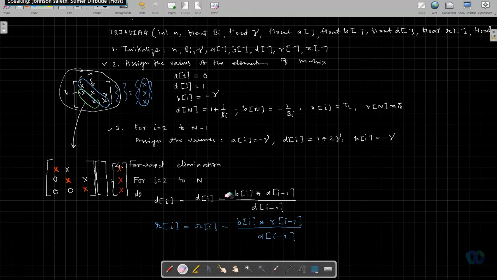If you do that elimination, you will come to this formula, so bi is there. In the previous class also, we have written like that, isn't it? This is the fourth step.